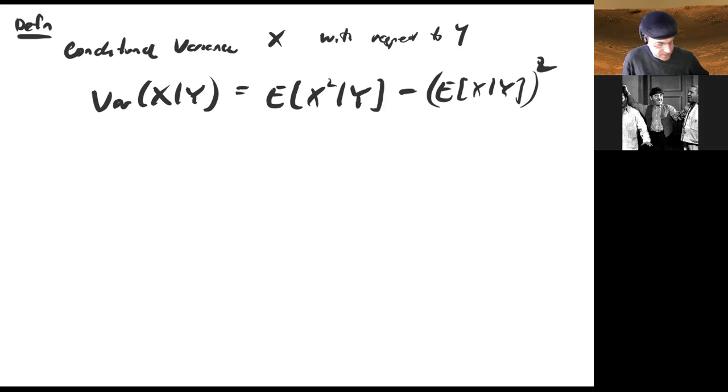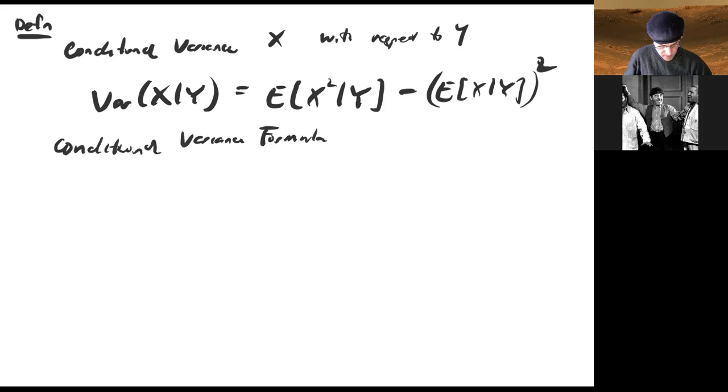Remember, we had this formula that said the expected value of the expected value of X conditioned to Y is the expected value of X. I erased that, it's on the previous slide. There's a version for the variance. So this is the so-called conditional variance formula, which I want to derive.